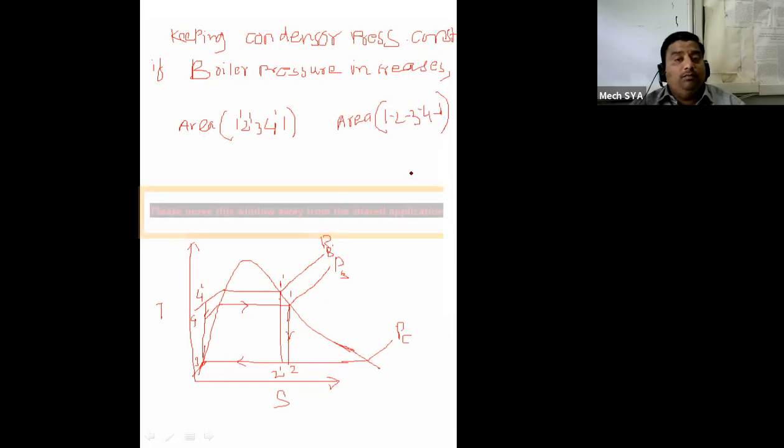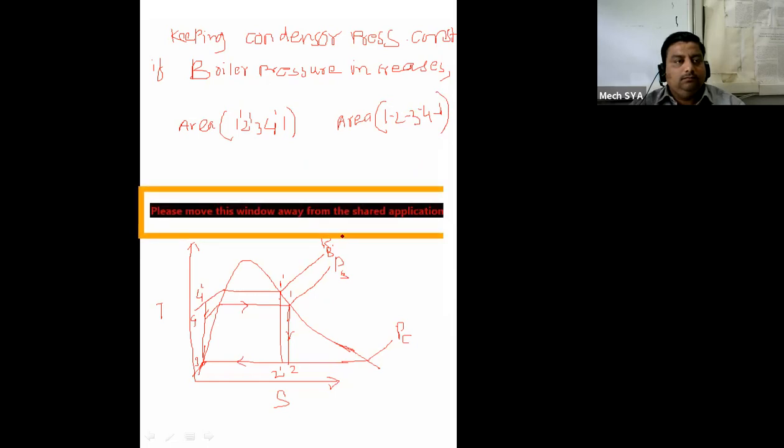Now, which area seems to be more? Anybody of you reply?